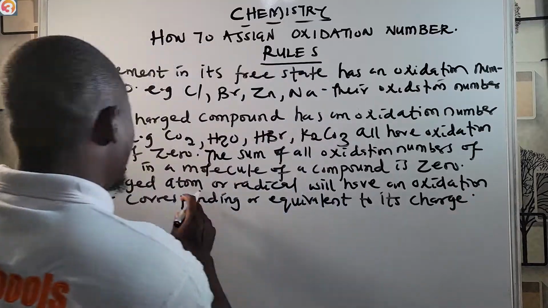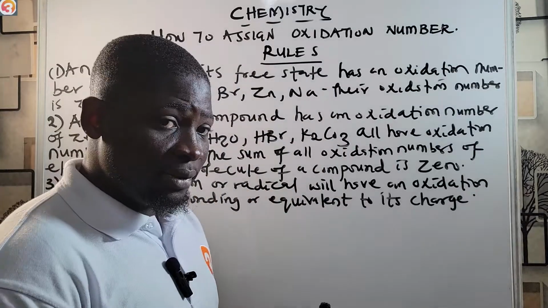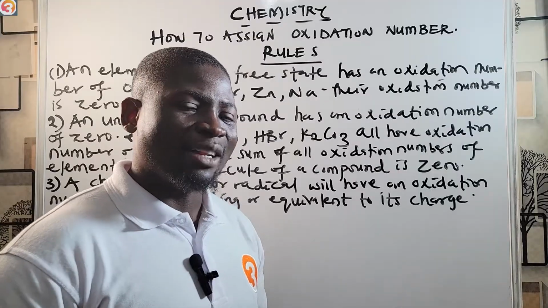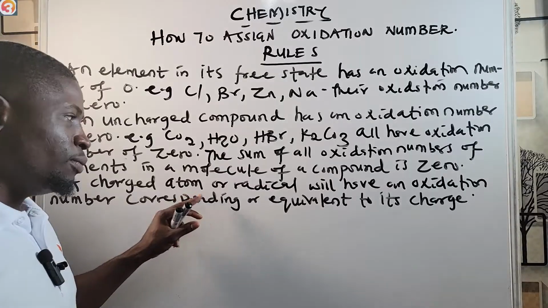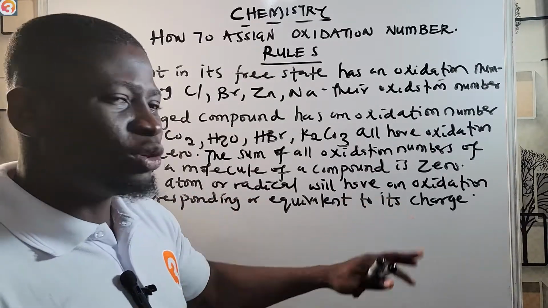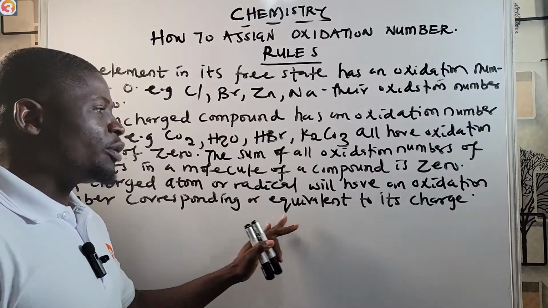All right, what is a radical? You know what a radical is, right? A radical is an atom or group of atoms that possess electric charge, right? So a charged atom or radical will have an oxidation number corresponding or equivalent to its charge.